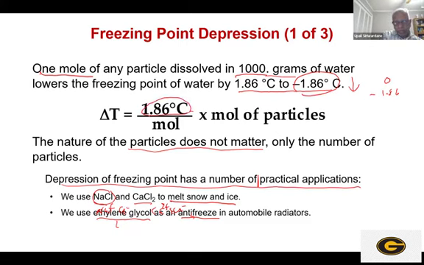For each mole, the freezing point goes down by 1.86 per mole of particles. This is the freezing point depression. You can calculate the freezing point depression once you know this constant, 1.86, and the number of particles.